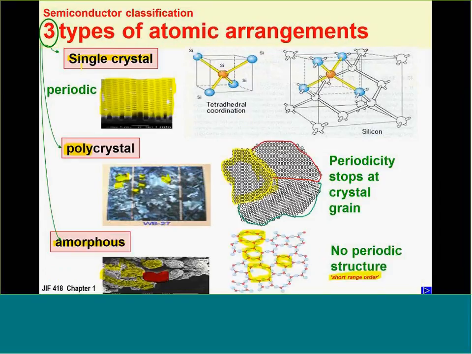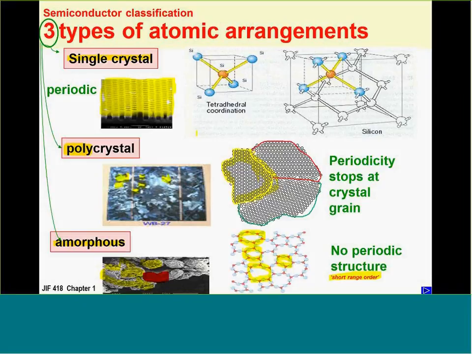Tapi one thing about amorphous, dia daripada segi ketahanan panas, is better than single crystal. Especially kalau dalam cuaca kita, amorphous is better. In terms of dia punya ketahanan lah, compared to single crystal. Itu saja. Okay.